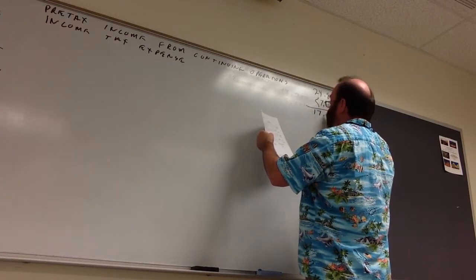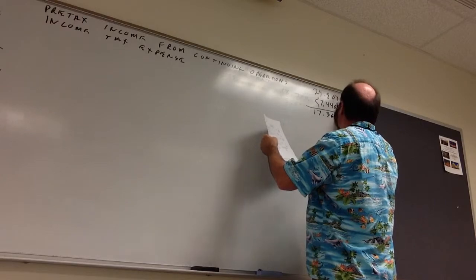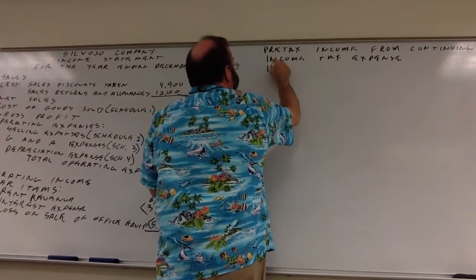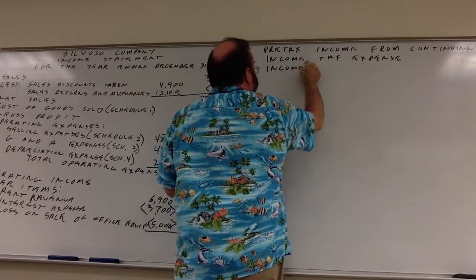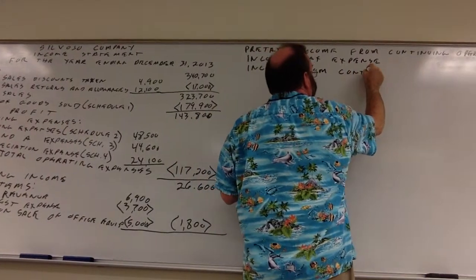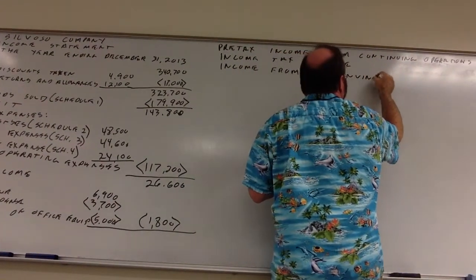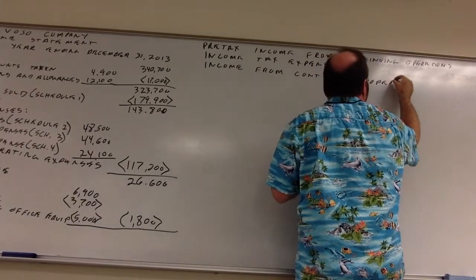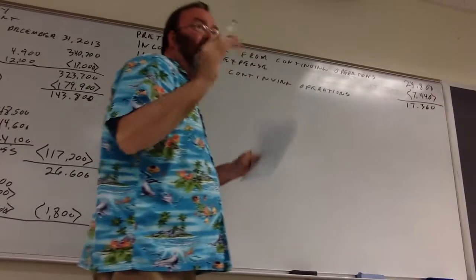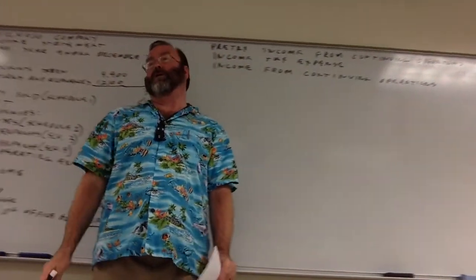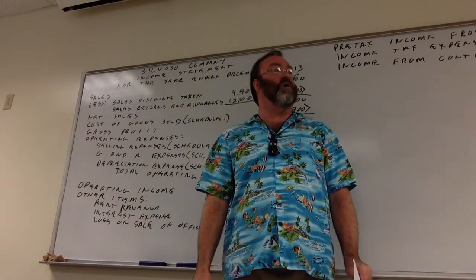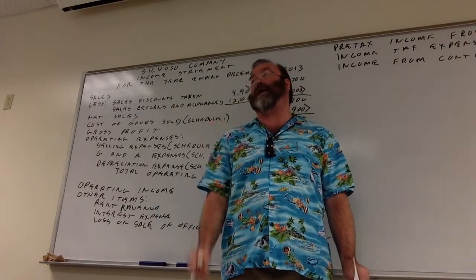Which leaves us 17,360 income from continuing operations. So we're now at a post-tax number. So every item that we add or subtract from this point forward has to be net of taxes.